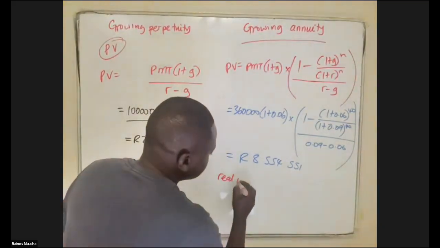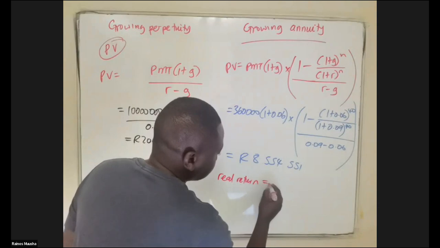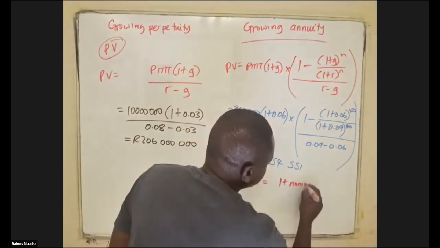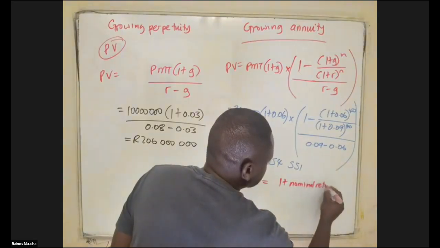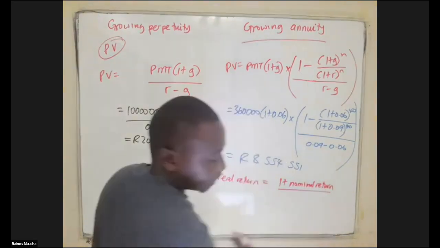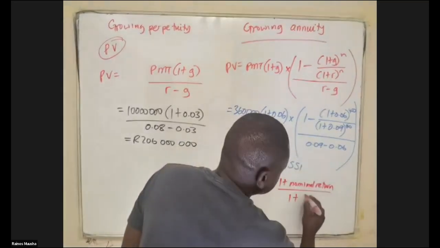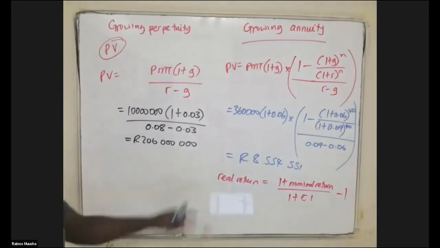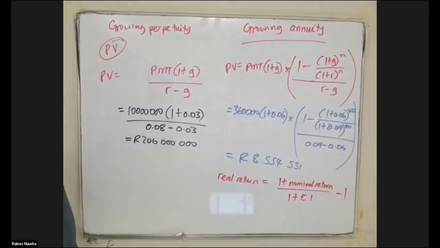The real return is given as 1 plus the nominal return, divided by 1 plus expected inflation, minus 1. So please take note of this formula. Also, if you play around with this formula, please take note of this one as well.